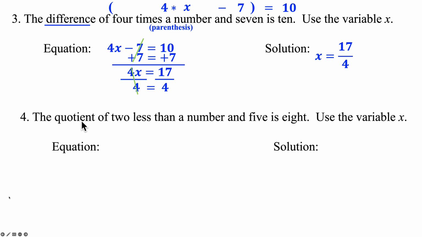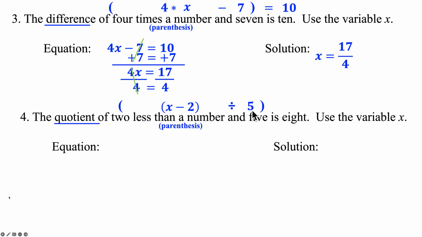The quotient, same as difference. We're going to have parentheses. Of 2 less than a number and 5 is 8. Use the variable x. So again, quotient, parentheses. Where you see the word and, like we did up here, put the minus sign, you put the division sign. So 2 less than a number, x minus 2. We've got to switch that around.